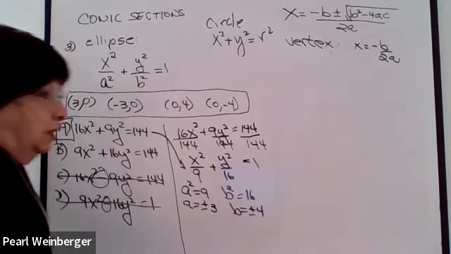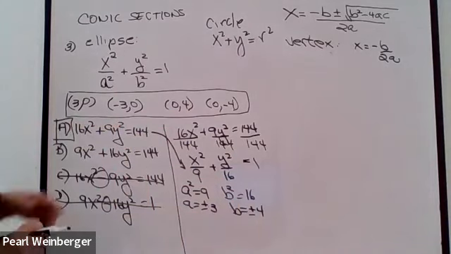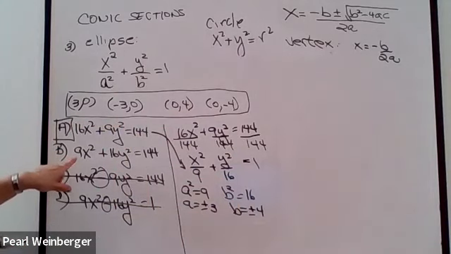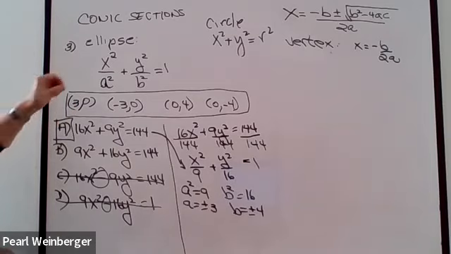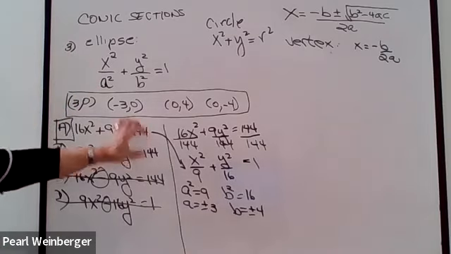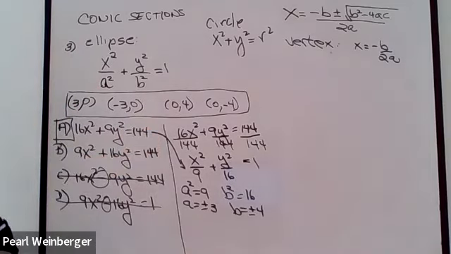I don't even have to look at choice B, but don't make the mistake of seeing the 9 in front of the x squared and saying, oh, has to be 3 and -3. It's only when the 9 is in the denominator. It has to be in standard form.